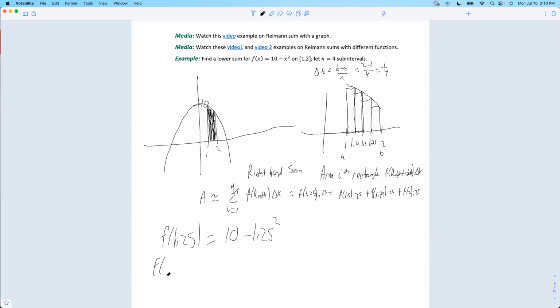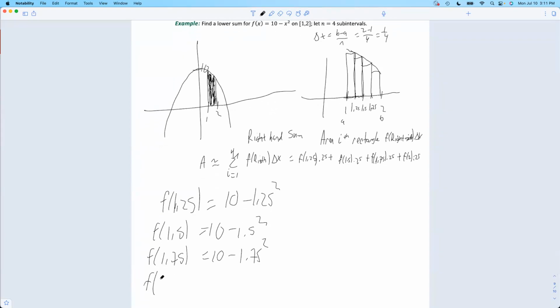I'm going to write all these out, then I'll throw them in my calculator. This one we can do in our heads. f of 2 will be 10 minus 2 squared. That's 10 minus 4. That one will be 6. All right. I'm going to throw all these in the calculator. I'm going to pause. You don't have to watch me do that.